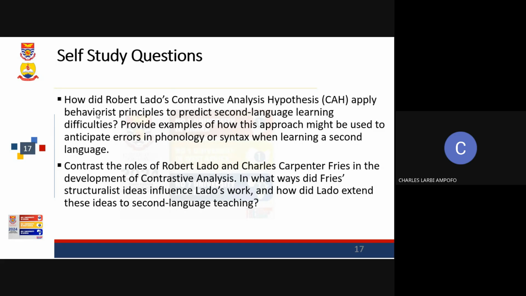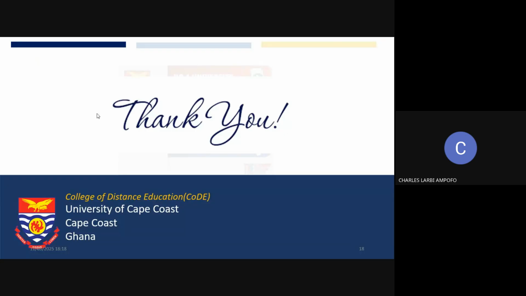Contrast the roles of Robert Lado and Charles Carpenter Fries in the development of CA. In what ways did Fries' structuralist ideas influence Lado's, and how did Lado extend these ideas into second language teaching?